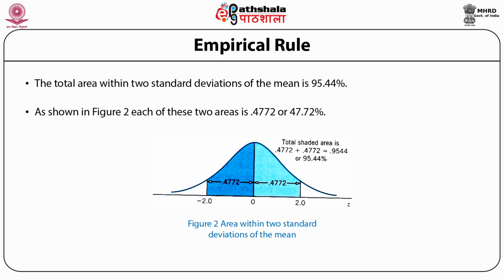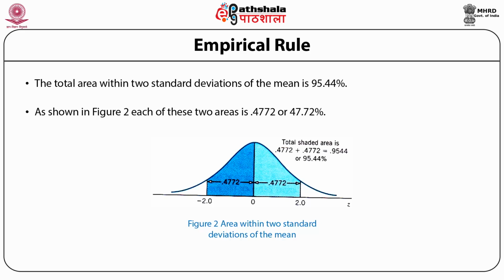If we look into the table for the corresponding value, we will see z equal to 2.0 and, corresponding to it, we will see the tabular value in the table. We will find that the area is 0.4772.